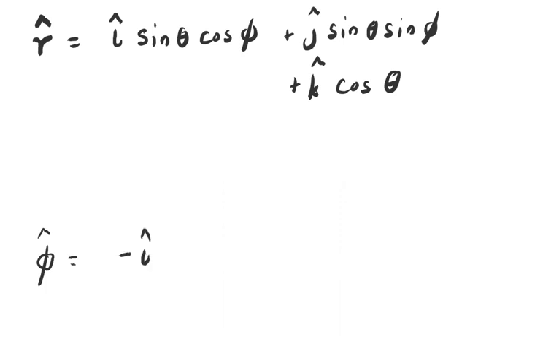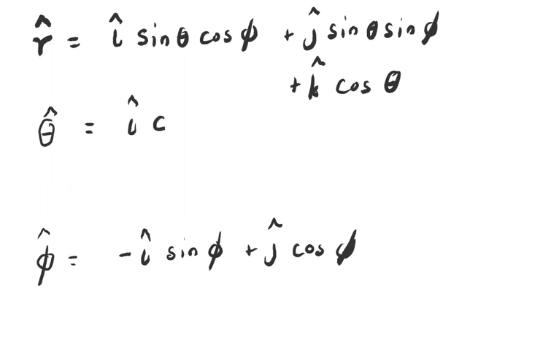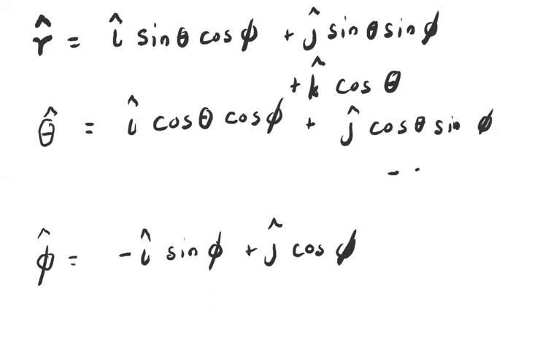It is i hat sine phi plus j hat cosine phi. And what we just discovered, we've written an expression for theta, the vector theta. If you divide through by the magnitude, you'll get the unit vector. So that's just i hat cosine theta cosine phi, j hat cosine theta sine phi, minus sine theta k hat.